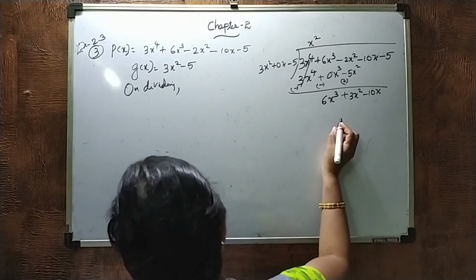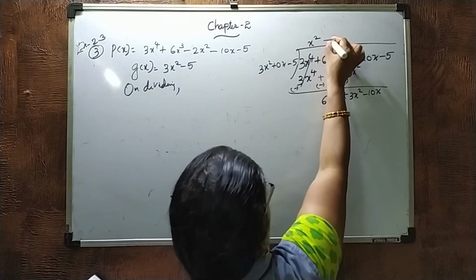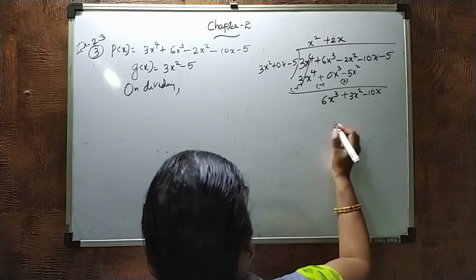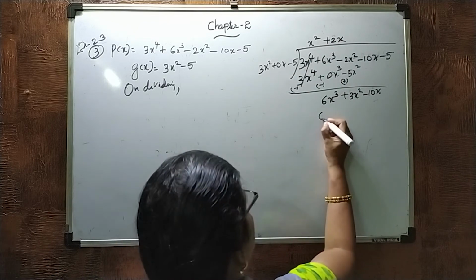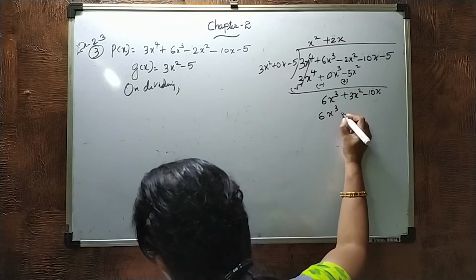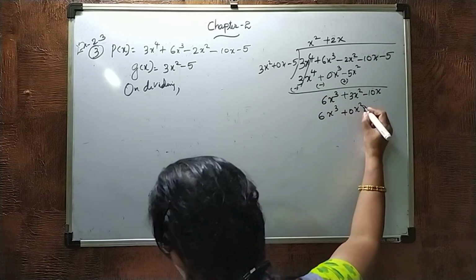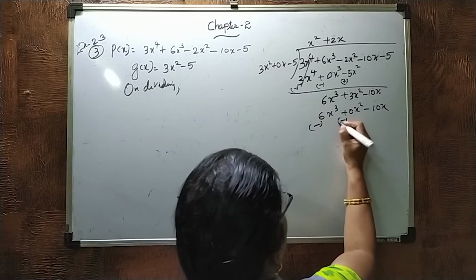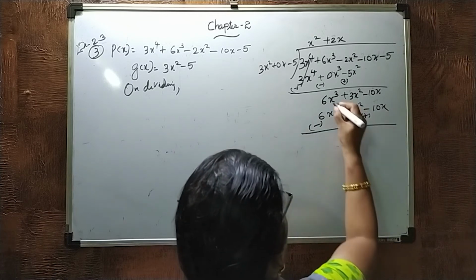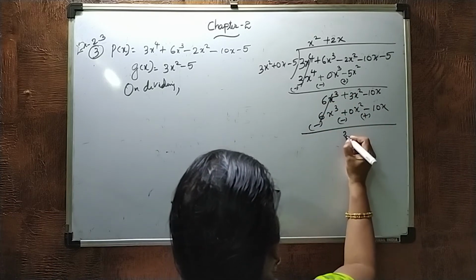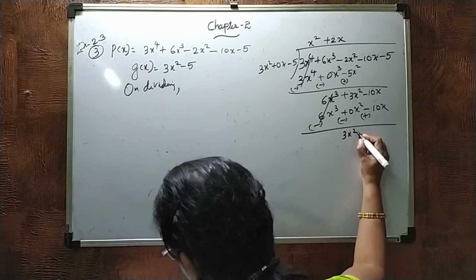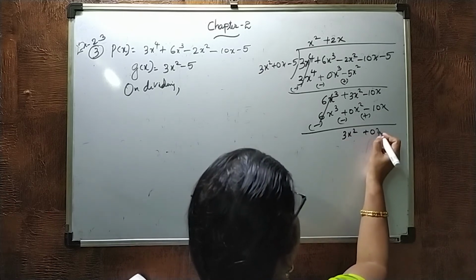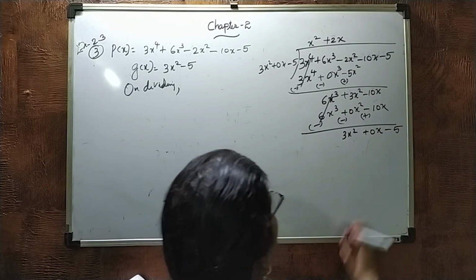So it is 6x cube divided by 3x square, you will get the answer plus 2x. Then multiply, you will get the answer as 6x cube, then plus 0x square and then minus 10x. Again take the additive inverse. Here it will be cancelled. Here it is 3x square and then plus 0x and then minus 5.